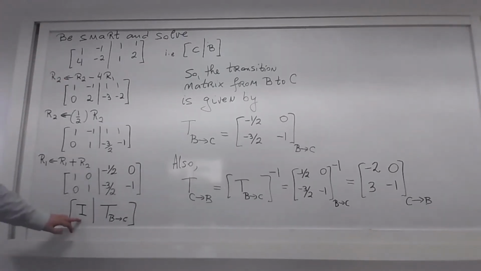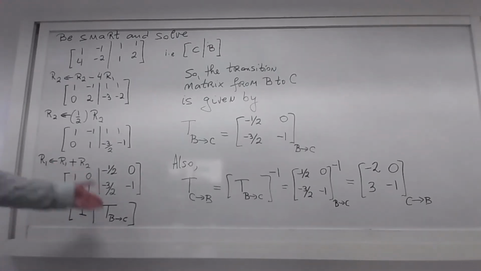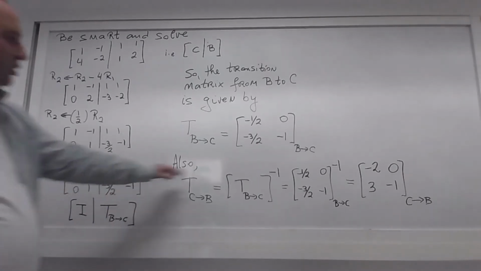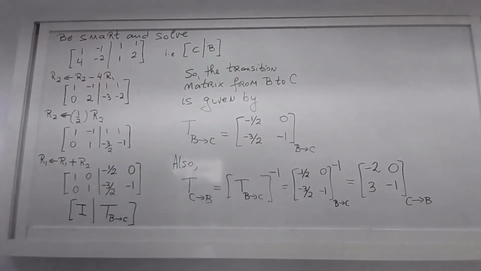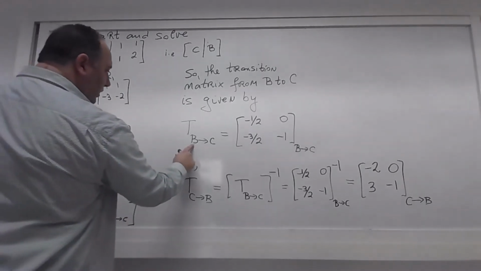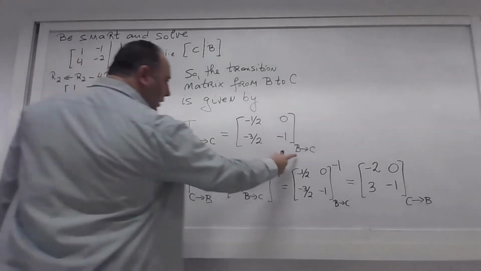You will always have the identity on one side, and on the other side you'll have the transition matrix. So once I solve, this is my transition matrix. So just copy the matrix. The transition matrix from basis B to basis C is this matrix here.